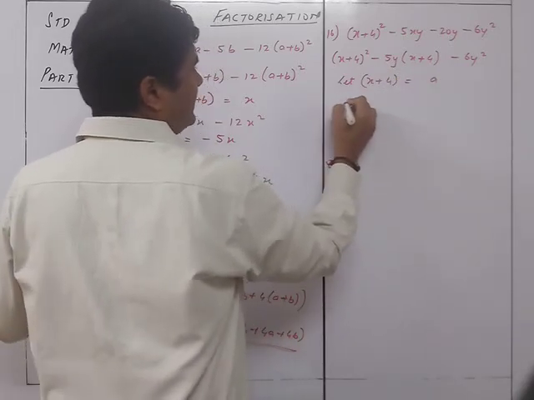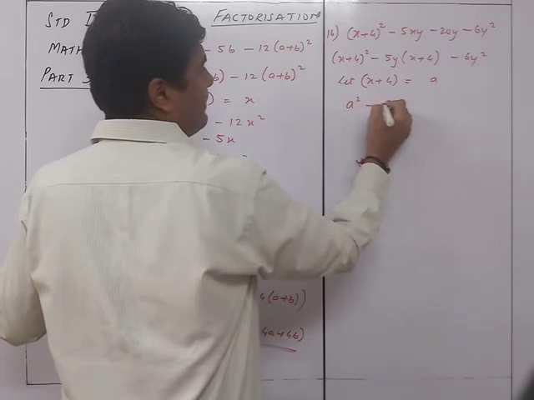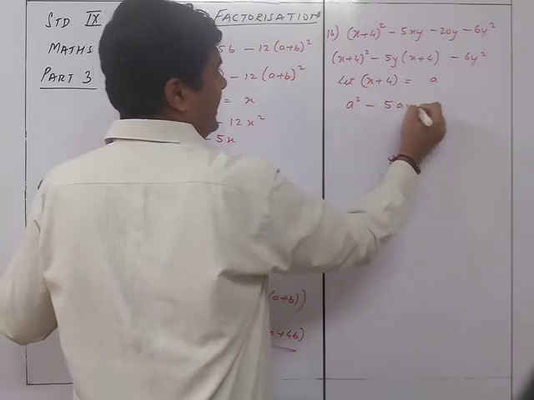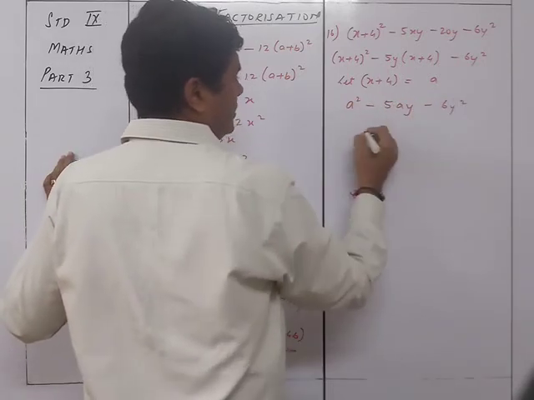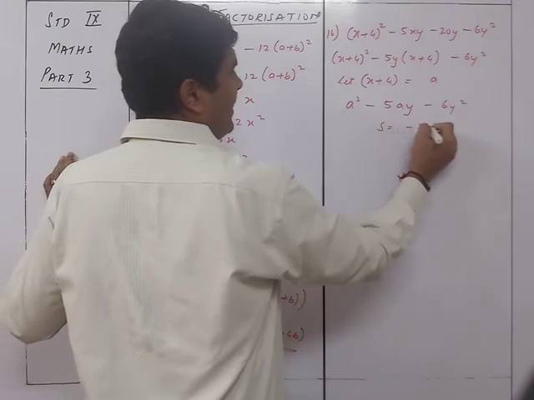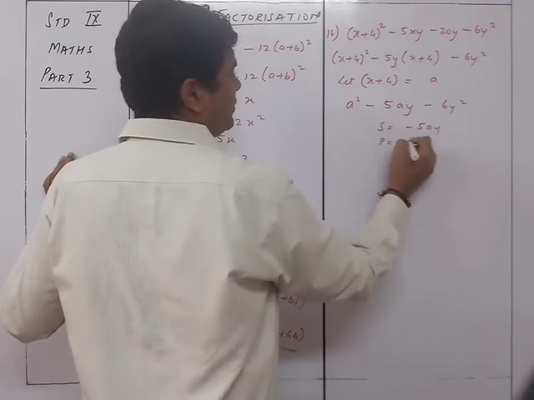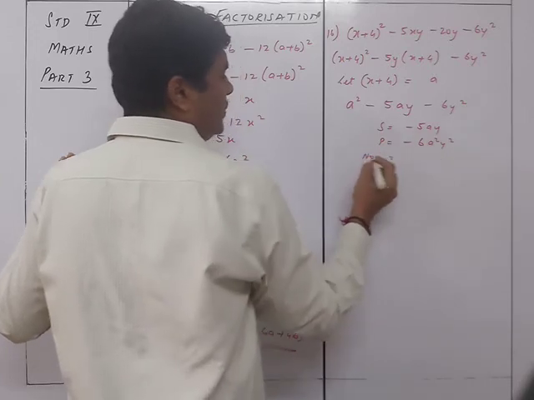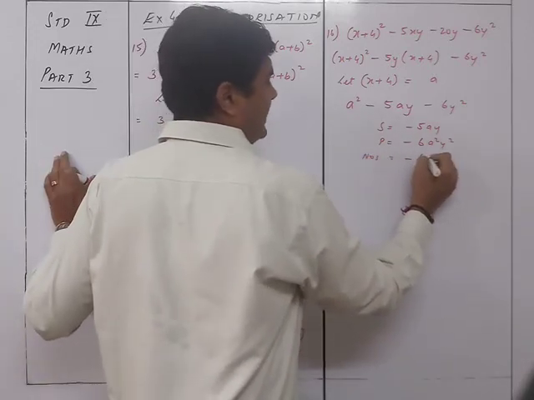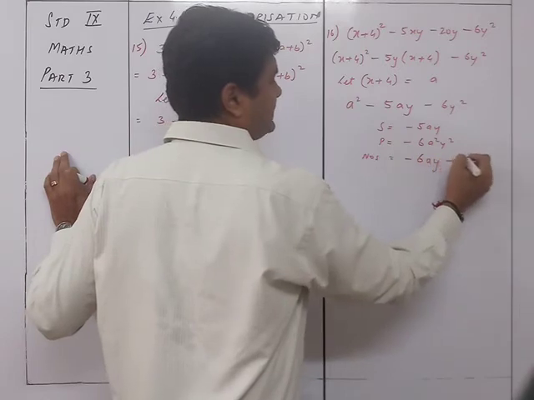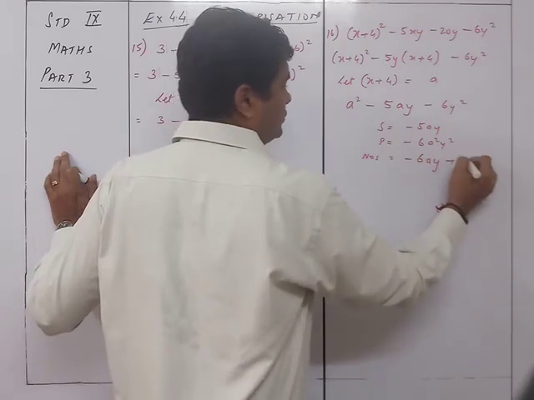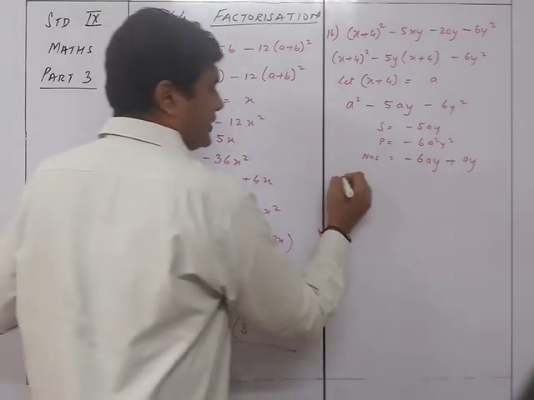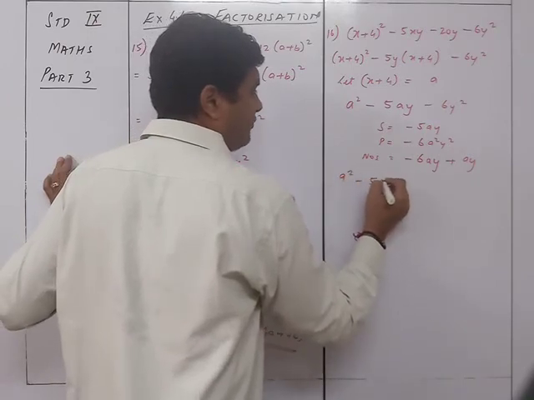So we get the equation as a square minus 5ay minus 6y square. So the sum is equal to minus 5ay, the product is equal to minus 6a square y square. So the numbers will be minus 6ay plus ay.